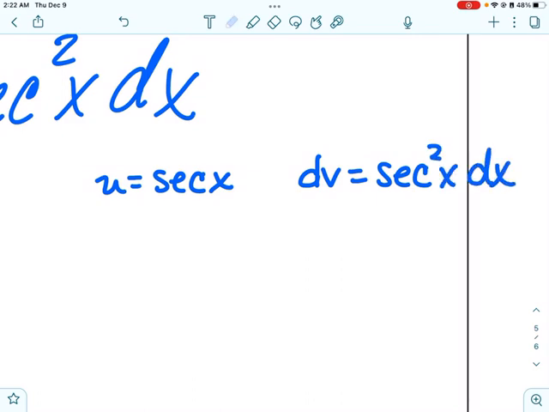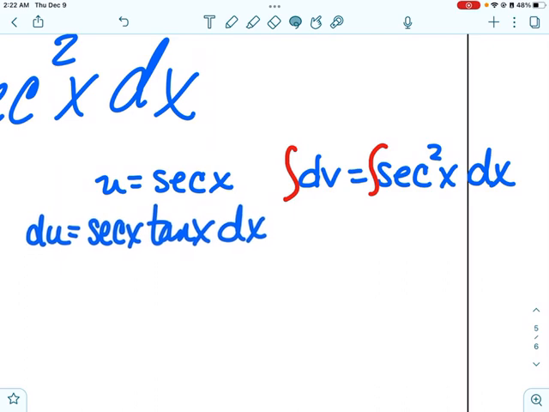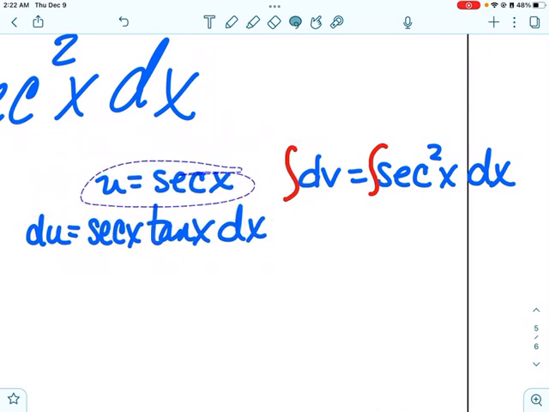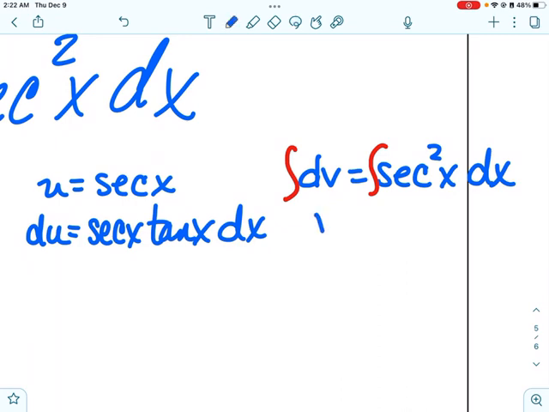Now remember, we're integrating here just to get the v, and we're going to differentiate to get the u. Du is going to be secant x tan x dx. So then when we integrate, we get v is equal to tangent x, right?